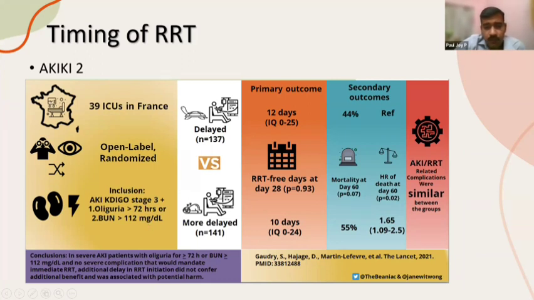They compared it with a more delayed strategy where the patient was started only when the patient developed any emergency, like pH less than 7.15, hyperkalemia more than 6.5, or severe fluid overload and pulmonary edema. In this situation, they concluded that the additional delay in RRT did not confer any additional benefit and was associated with potential harm, because there was increased mortality in that group.